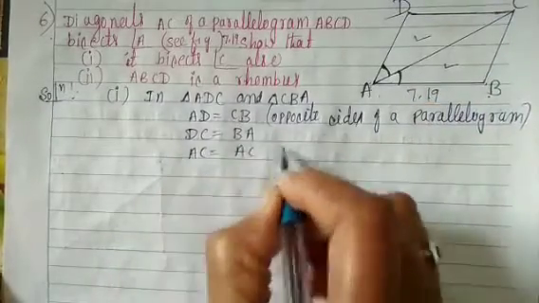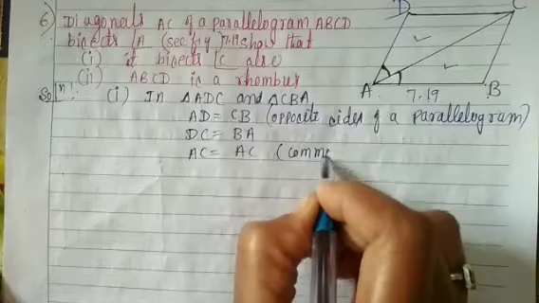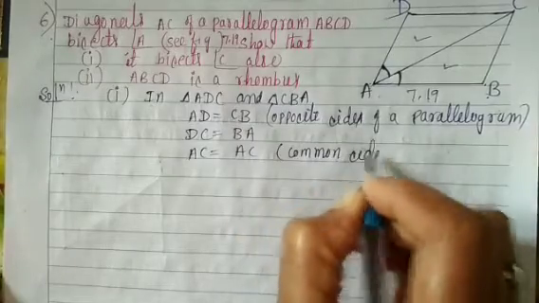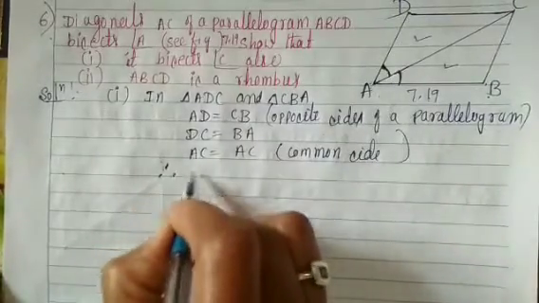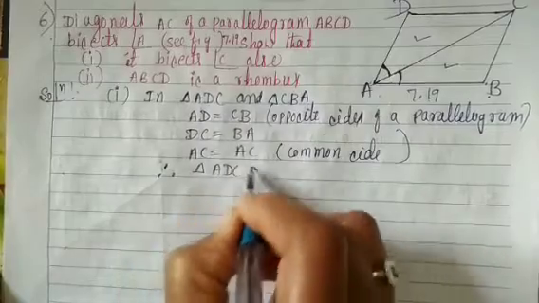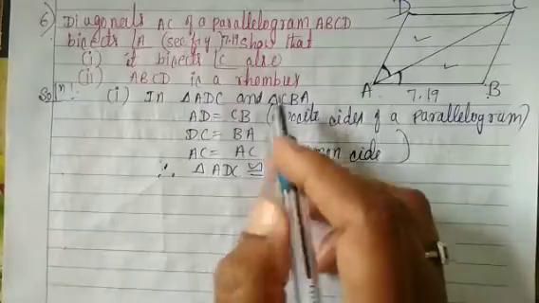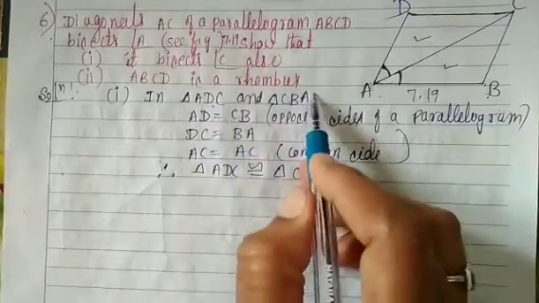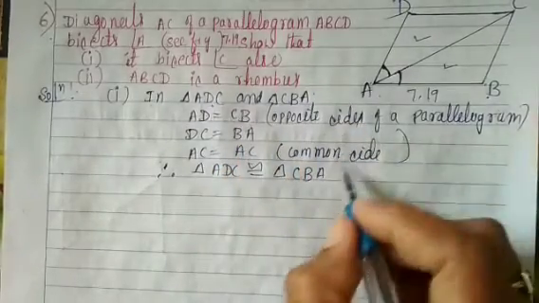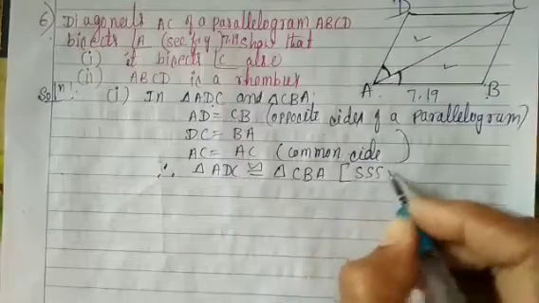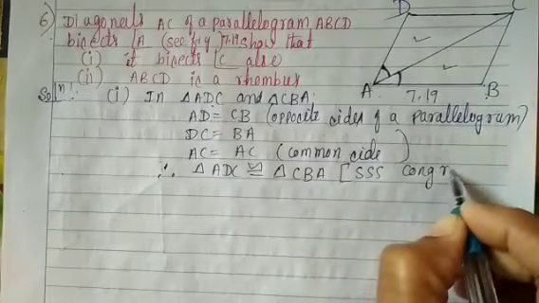AC is equal to AC, common side. Therefore, triangle ADC is congruent to triangle CBA. Once again, triangle ADC is congruent to triangle CBA, by congruency.